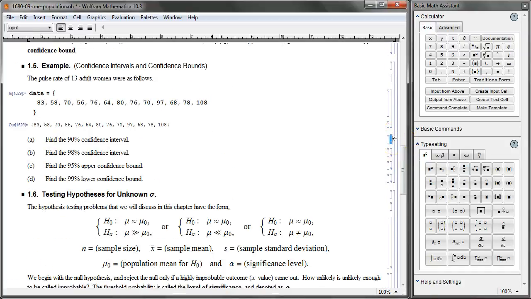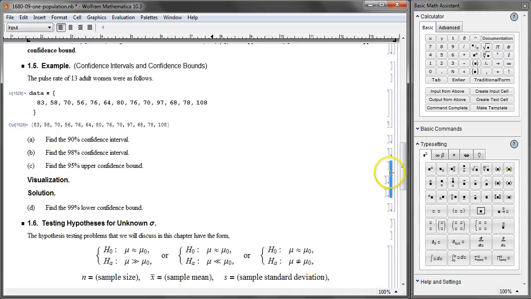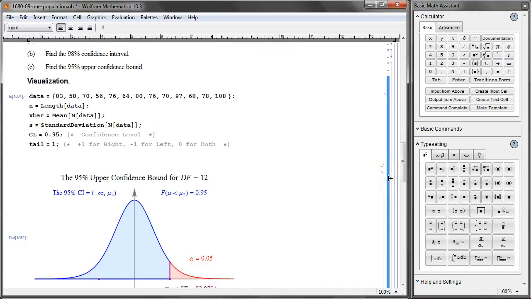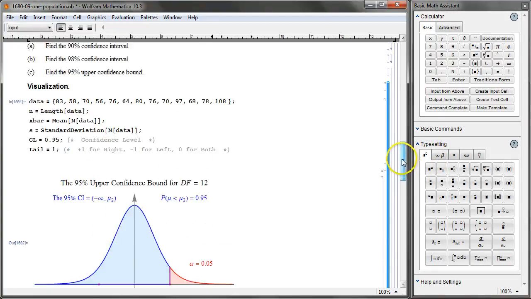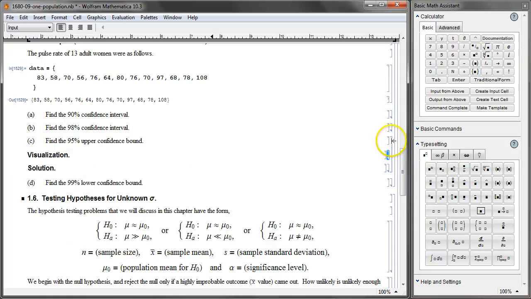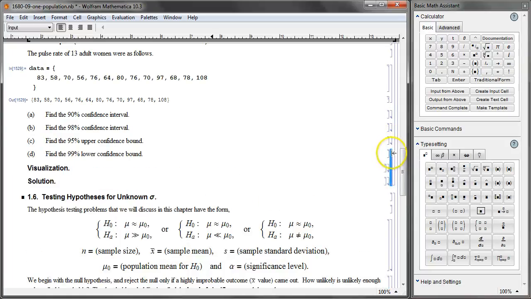Okay, how about a confidence bound? We're in this kind of situation. To the right-hand side we have 5% because 95% is there. Basically the same kind of technique. In the same t-table, look up 5% there. How about the lower confidence bound?